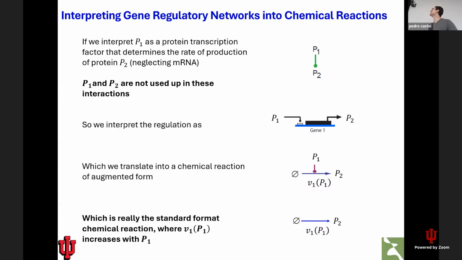Now, using our previous notations, how do you write that? It's exactly the same as we were doing before with the protein signaling networks. You have a protein P2 coming out of nowhere, so nothing going to P2, and you have P1 as a catalyst. P1 is promoting the production of P2.